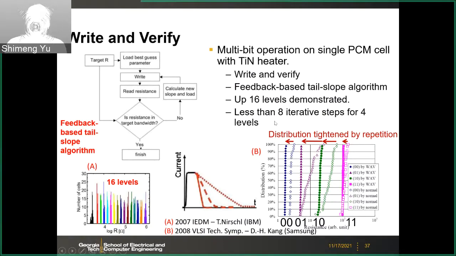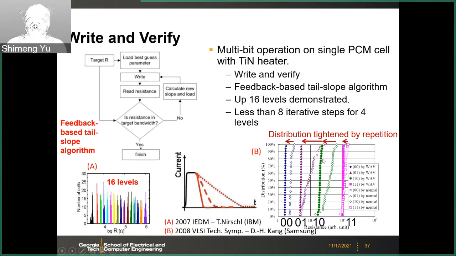But anyway, here are some examples. On the bottom left figure, it shows 16 levels can be achieved by this write and verify. So this means 4 bits per cell, right? In this phase change, 4 bits per cell. And also on the right hand side, it shows the improvement by the write and verify. So basically this is a CDF, cumulative distribution plot.